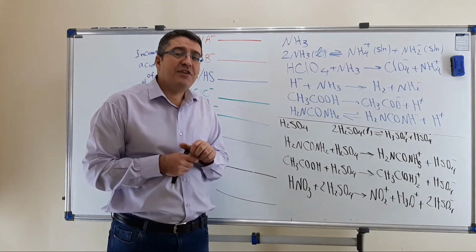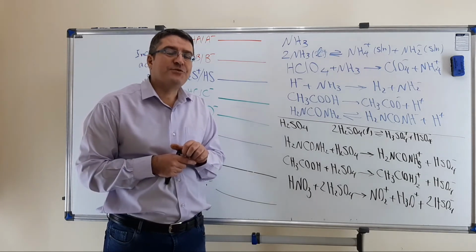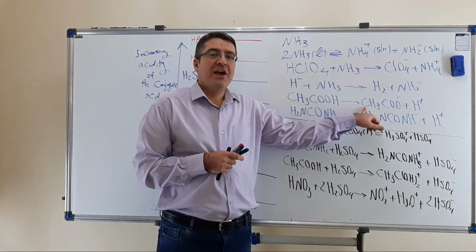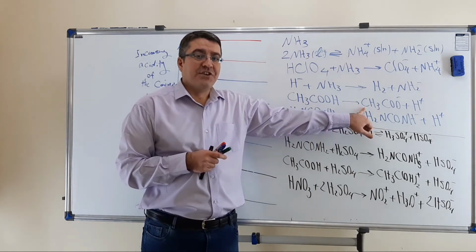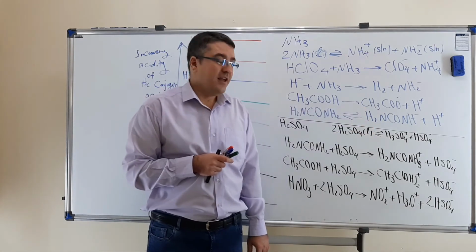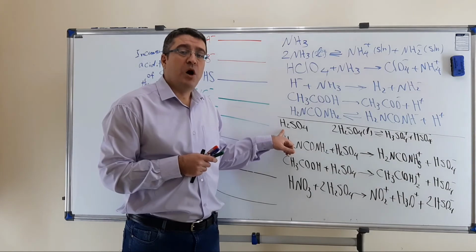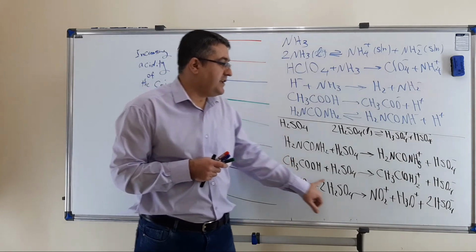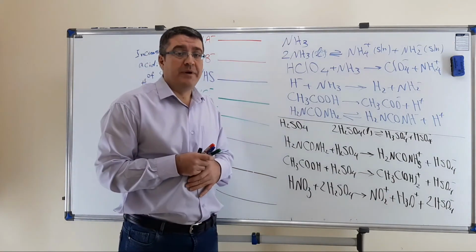In the solvent ammonia, a more basic solvent than water, acetic acid is a strong acid. Its acidic behavior is enhanced. On the other hand, in the solvent sulfuric acid, which is much more acidic than water, acetic acid is a strong base. Its basic properties are enhanced.